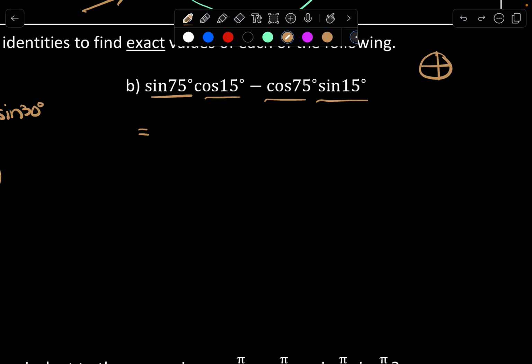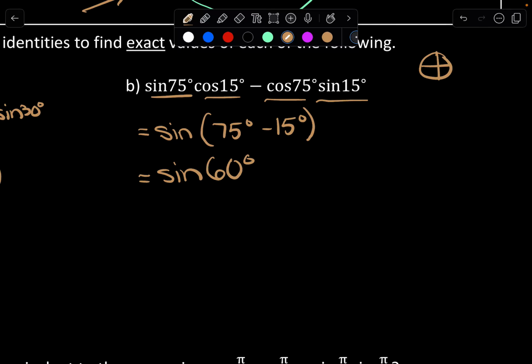So it will be the difference identity for sine. So I'm going to do sine of 75 degrees minus 15 degrees. Now, when I apply the difference, I'm going to end up with 60 degrees. 60 is on the unit circle. It's going to be in quadrant 1, and that will be root 3 over 2.